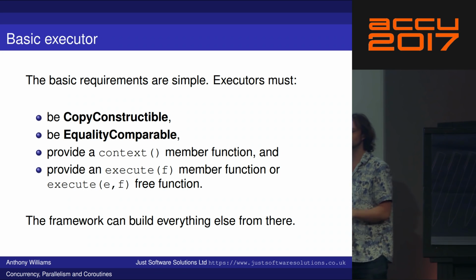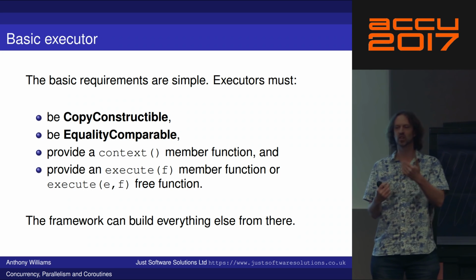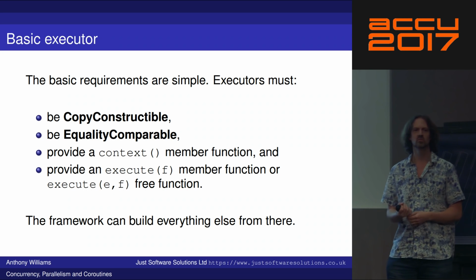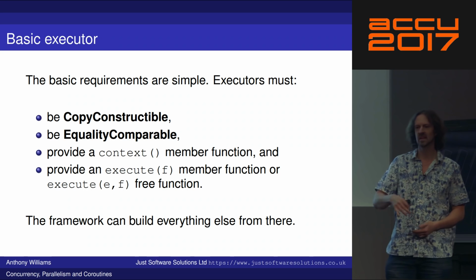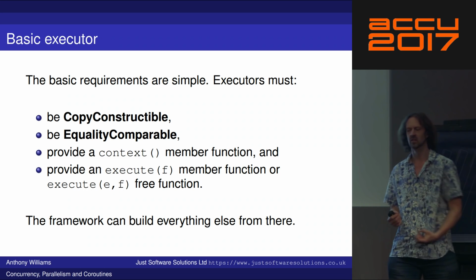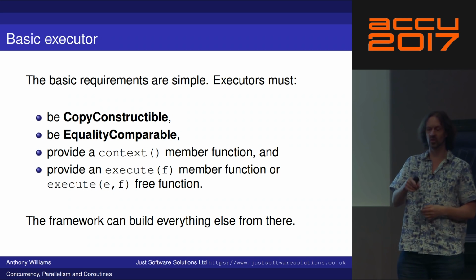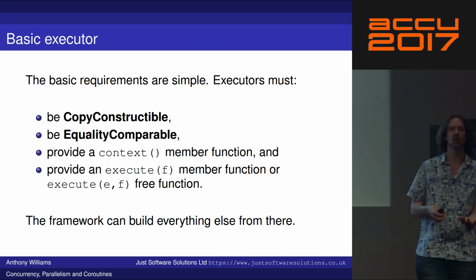And then the core thing, to make it an executor, it must provide an execute function, where you give it some task F, and it will call execute E, F, where E is your executor, or call E.execute F. Either way round, the framework copes with either way.